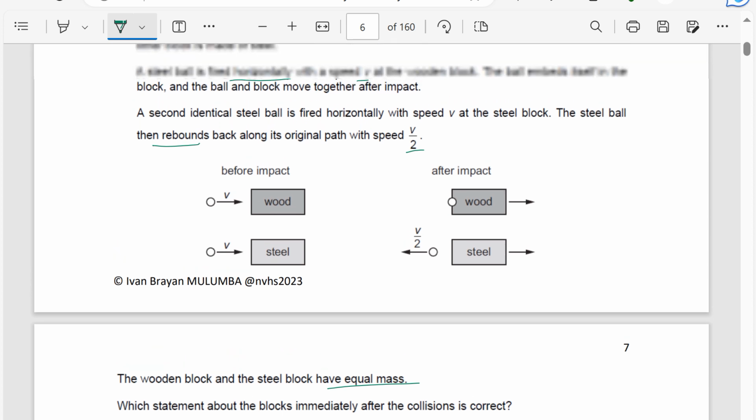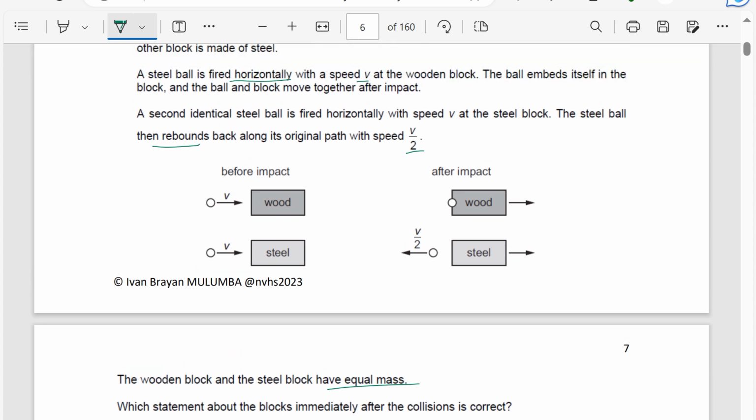So before impact, the momentum for the ball is going to be m times v. And after impact, for the first case, it is going to be m plus capital M, multiplied by the speed, which I'll let be u, because v has already been taken the other side.